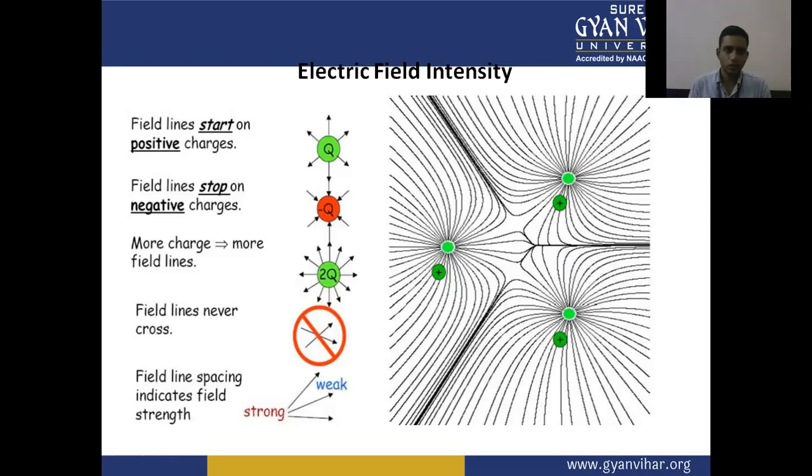So the electric field moves from plus to minus, and field lines stop on the negative charges. The more charge, the more field lines. The field lines never cross each other. Field line spacing indicates field strength.